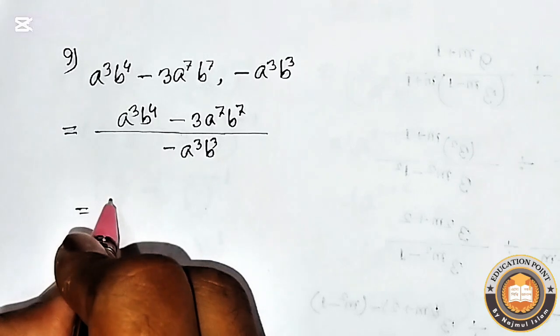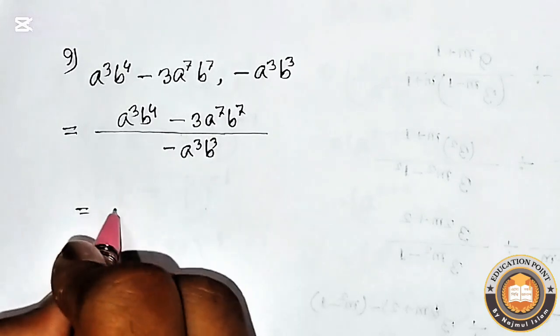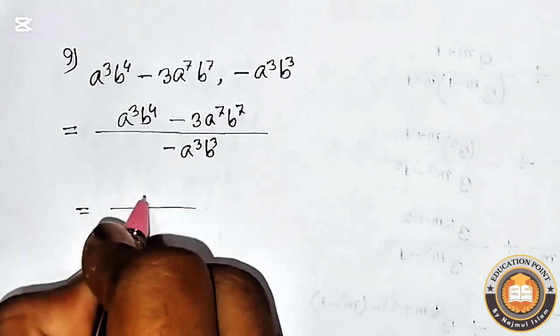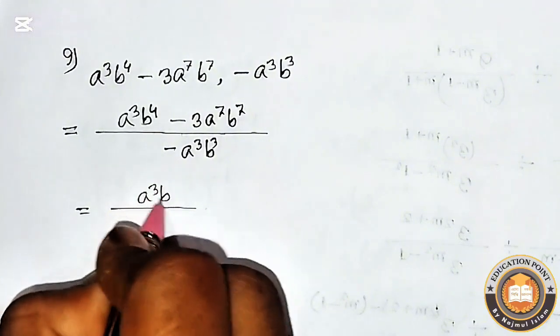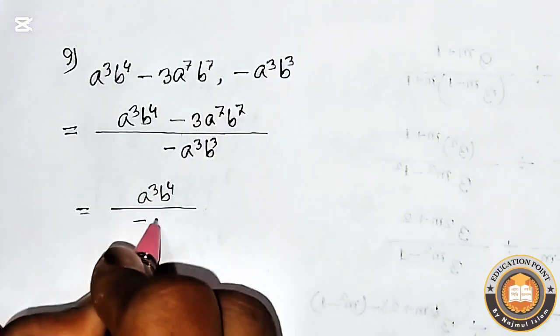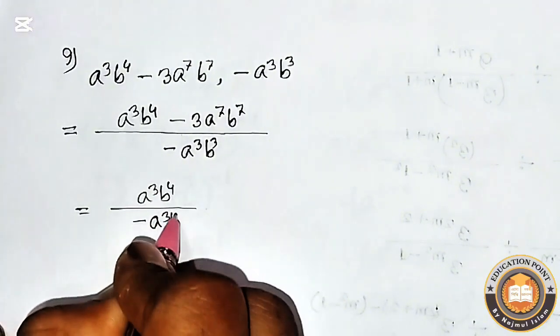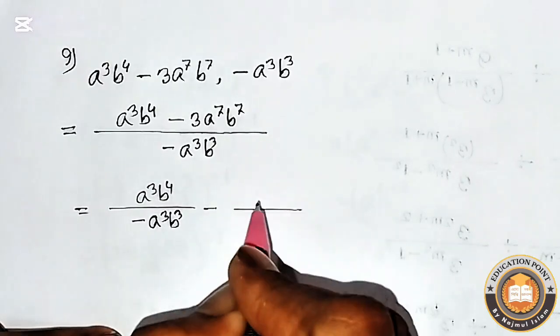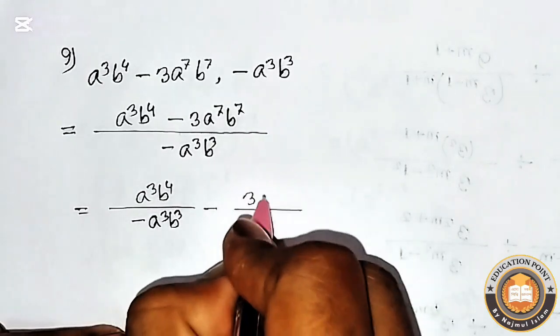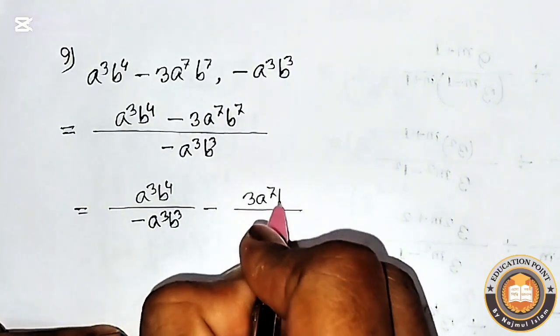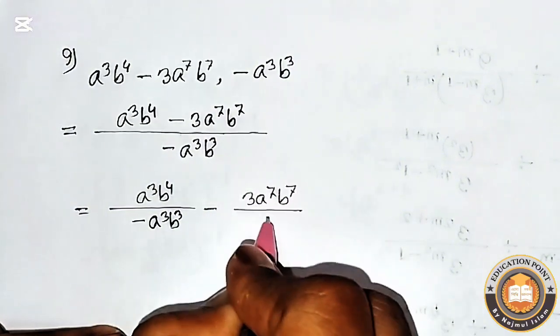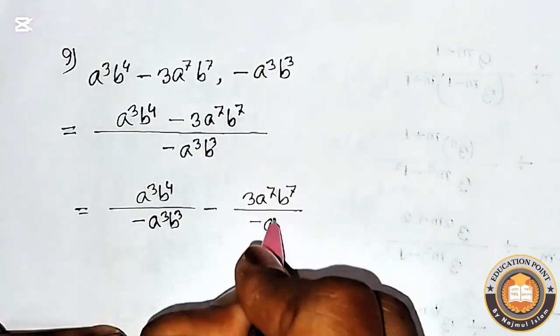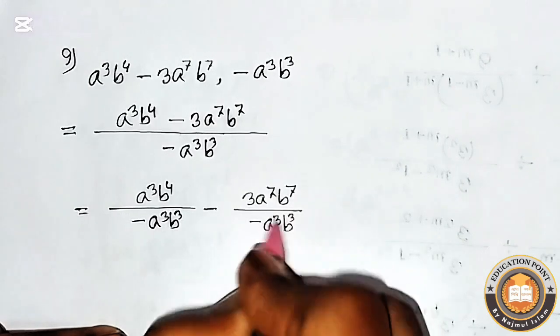At first we will apply the distribution law of division: a cube b to the power 4 divided by minus a cube b cube, minus 3 into a to the power 7 into b to the power 7 by minus a cube b cube.